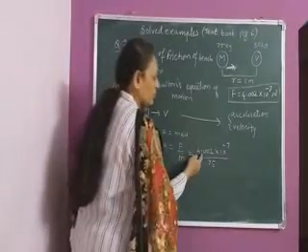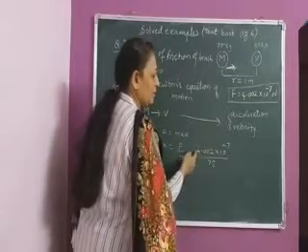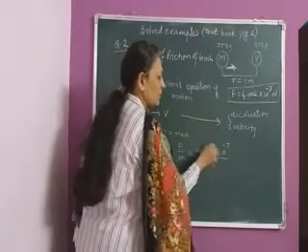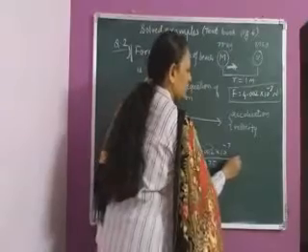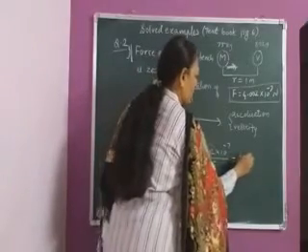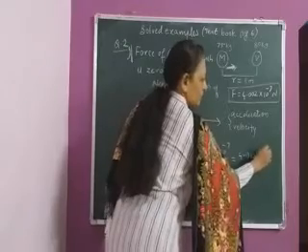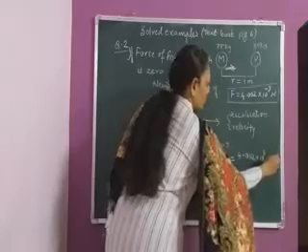For calculating this value, we need to convert this decimal number into a whole number. So, for moving this decimal point 3 places, we have to multiply by 1000. 4.002 into 1000 means 10 to the power 3 into 10 to the power negative 7.